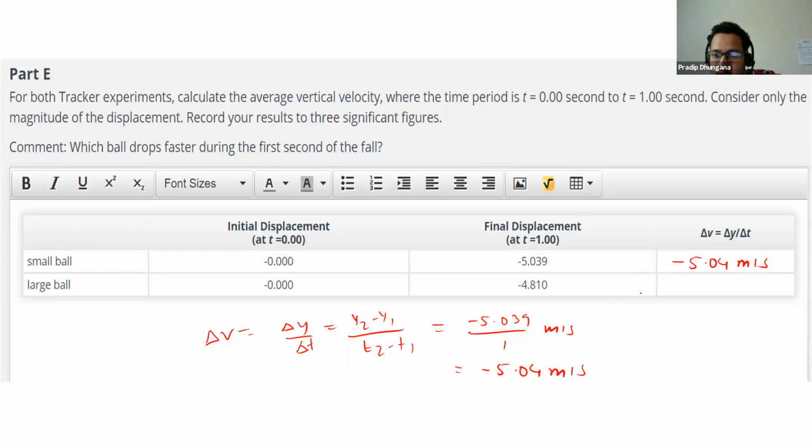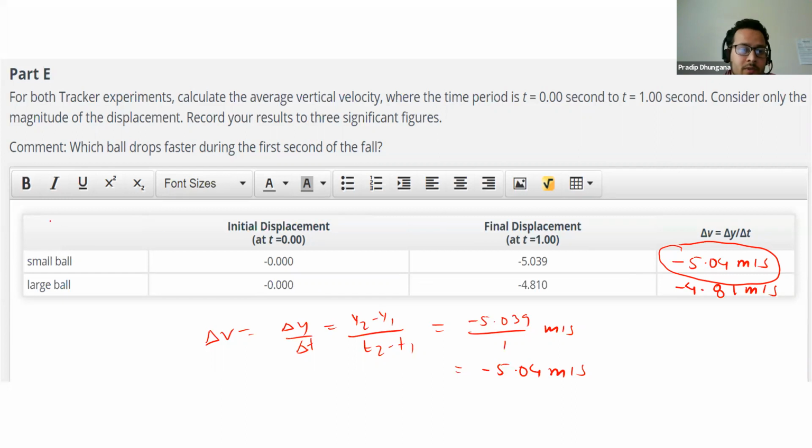And for the large ball it is negative. You can calculate in the same way. It's -4.81 meters per second. Okay. In that way, you can calculate vertical velocity. But in the comment, which ball drops faster during the first second?